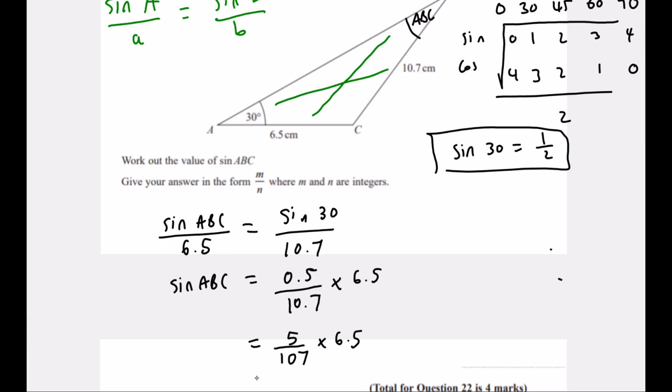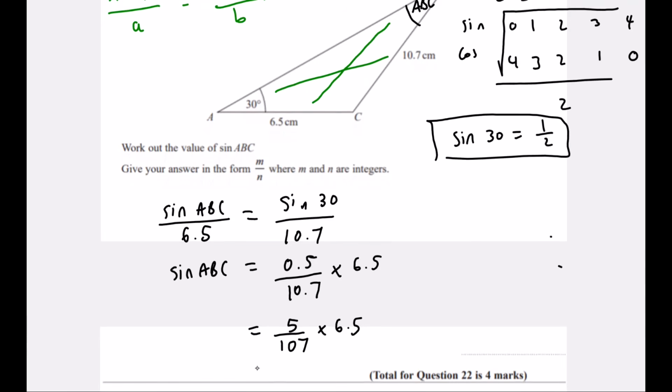So I have 5 times 2 6.5s are 13 over double 107, 214. 5 13s are 65. So I've got 65 over 214. I don't think I can simplify it, but it doesn't matter because they're integers, they're whole numbers. So as long as we've got whole numbers there, we've answered the question.